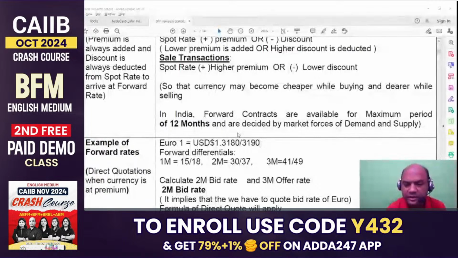Even I used to take the same, Purnima, earlier, 0.0037. I used to take it. But the problem is I've seen in your books, your CIB books, they have taken directly from the point.